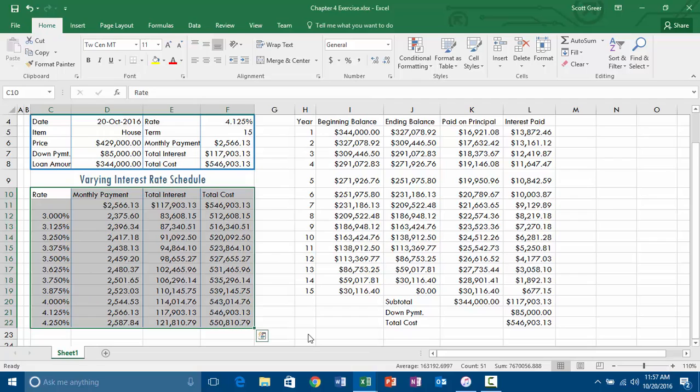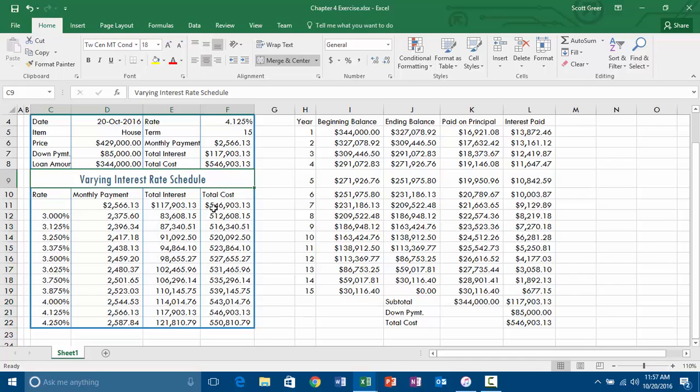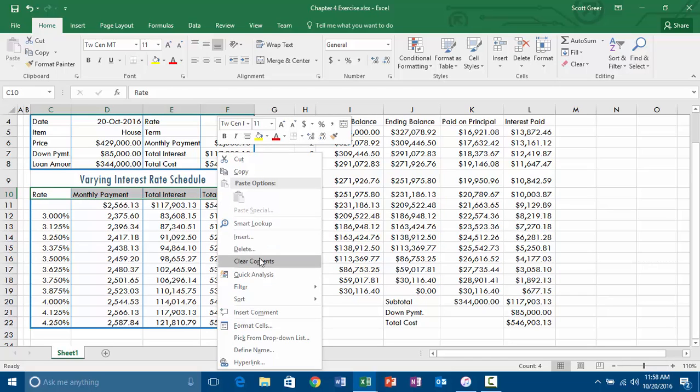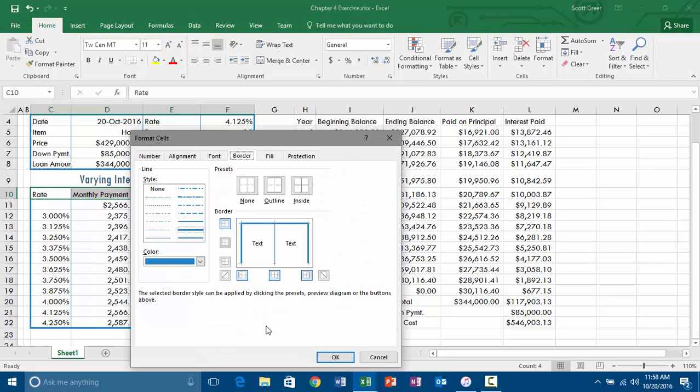This one's a little different though because we do have titles. So on the titles, I'm just going to go up here after I've done the whole piece and select the titles. Right mouse click, format cells. And on the bottom one, I'm going to click that skinny line again.